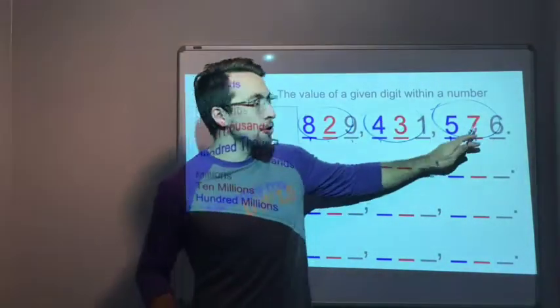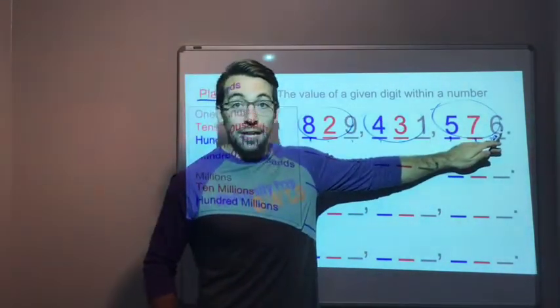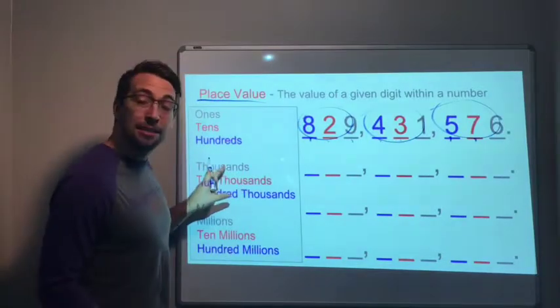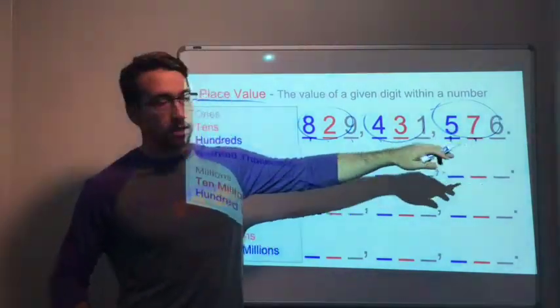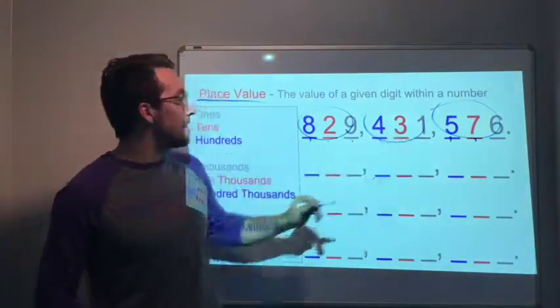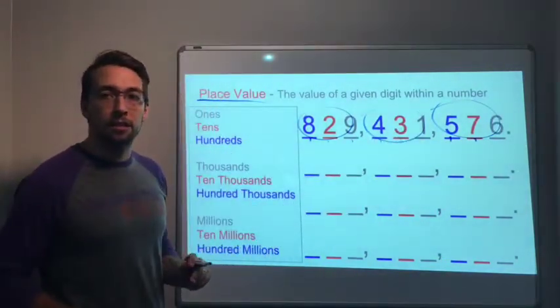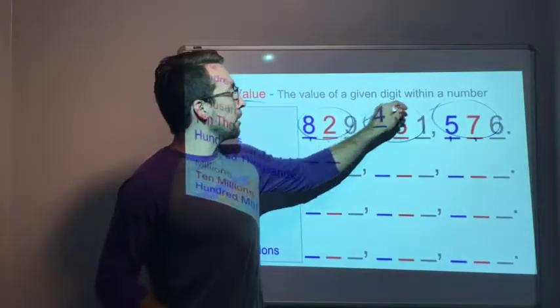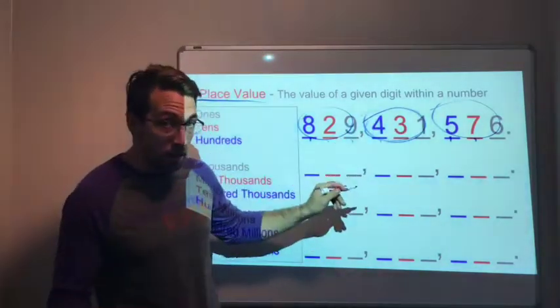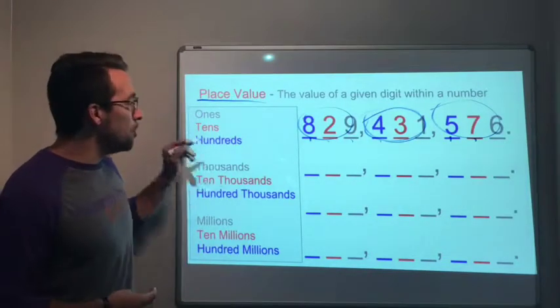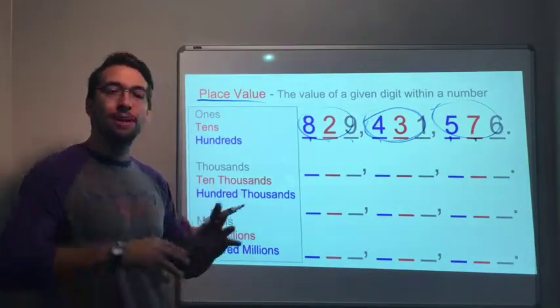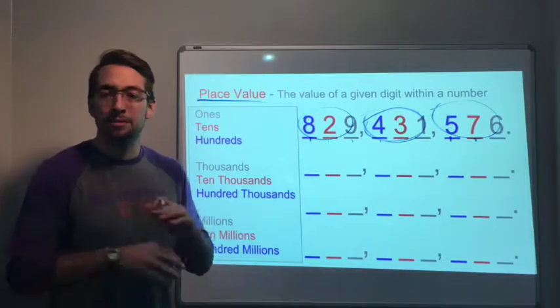So 576, all right. Well, let's add the thousands. Let's add this thousands place value. 1,576 or 31,576. 431,576. And again, if you can read three numbers, you can read any number, as many digits as it is.